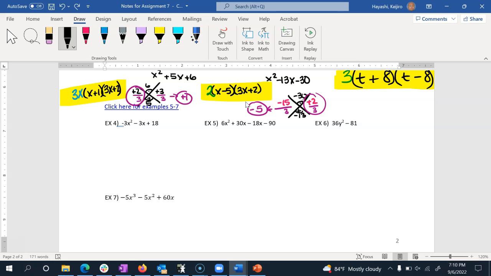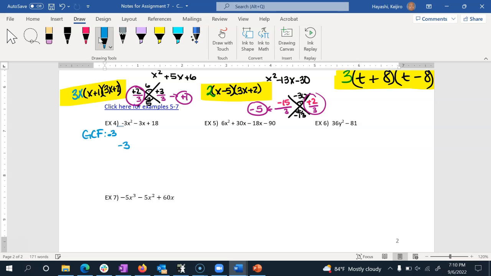So if something you're factoring starts off with a negative, you want to factor that negative out as part of the greatest common factor. So your greatest common factor here is negative 3. Because if we just use 3, we're going to be left with this weird negative x squared thing. Whereas if we factor out the negative sign as part of the greatest common factor, we don't have to be left with that.